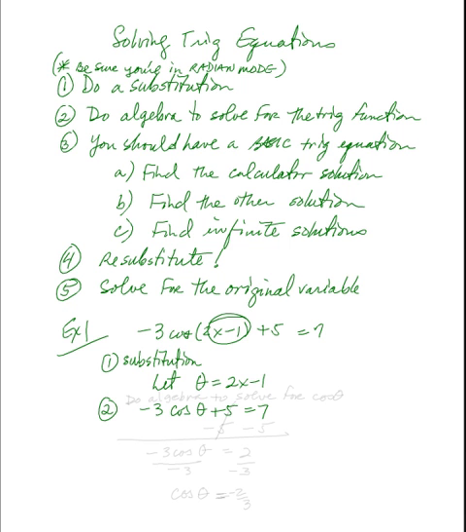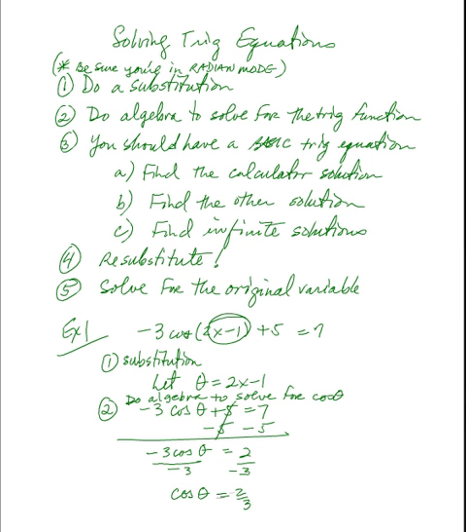And here you're ready to do the algebra, to solve for cosine theta. So what I want to do is subtract 5 from both sides. I have negative 3 cosine of theta equals 2. Now I want to divide by negative 3. That leaves me with cosine of theta equals, I'm sorry, negative 2/3, because that's a negative 3.